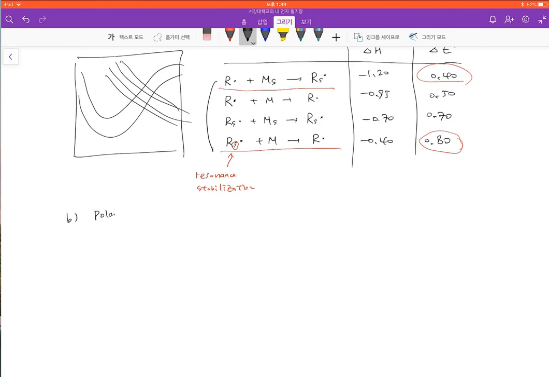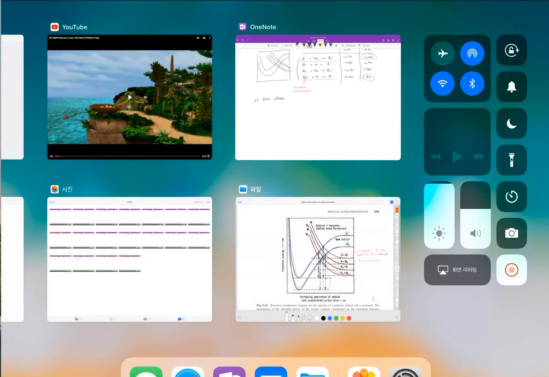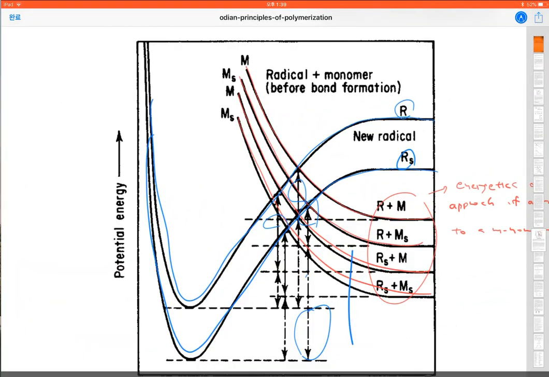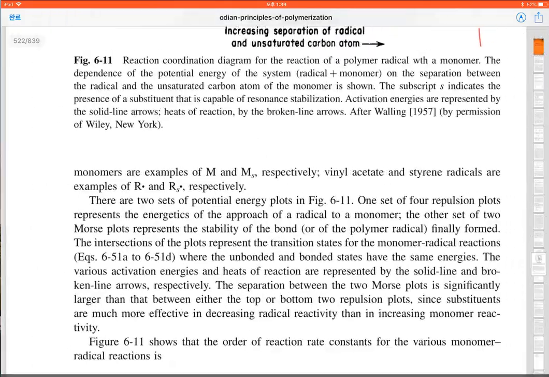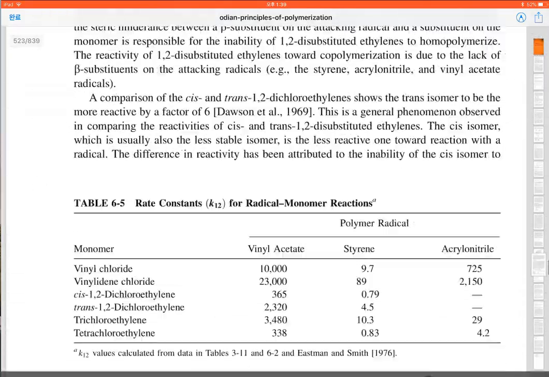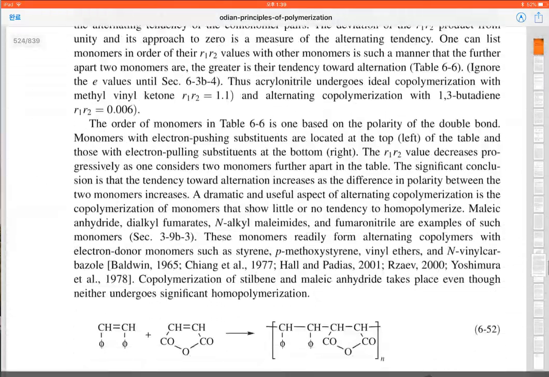Another effect. So first was resonance stabilization. The second effect is the polar effect. The polarity of each species, radical and monomer, also affects the overall copolymerization.